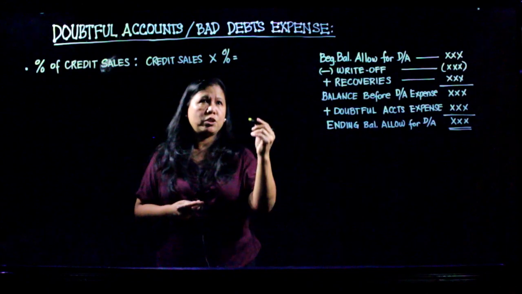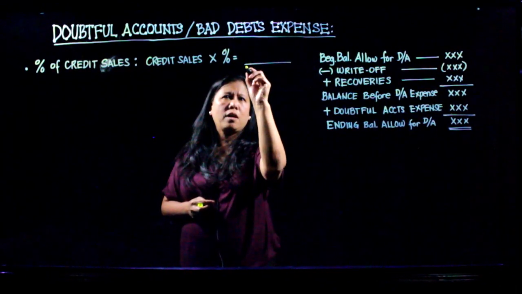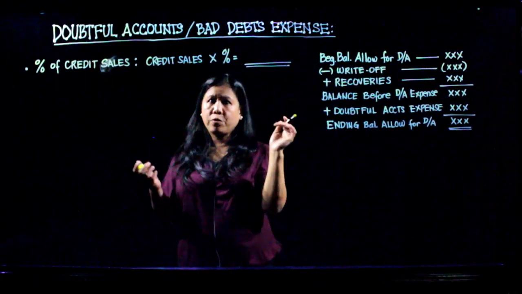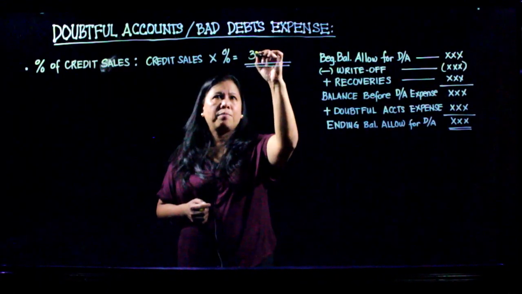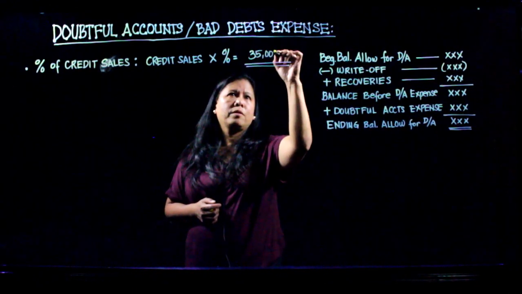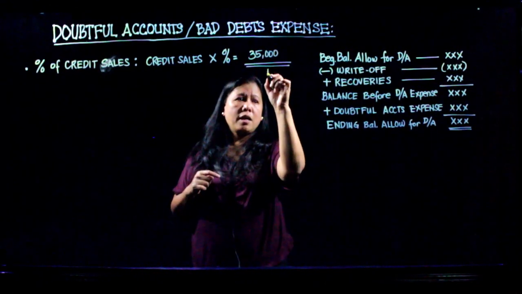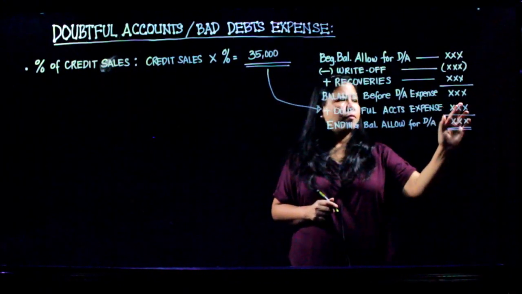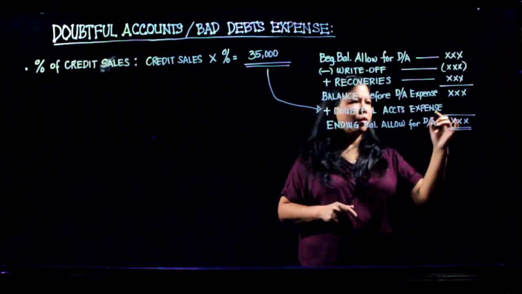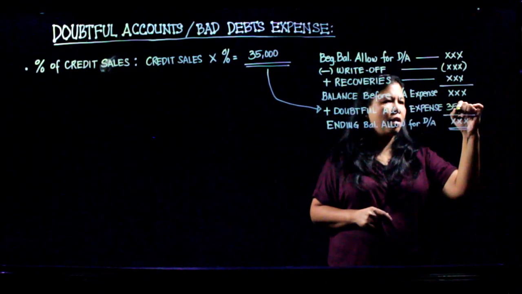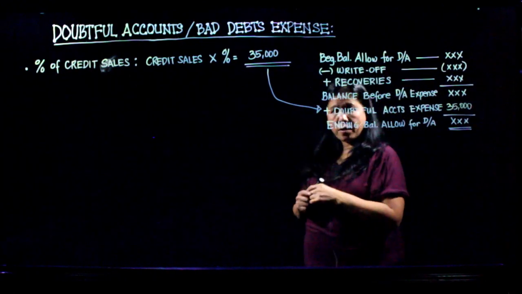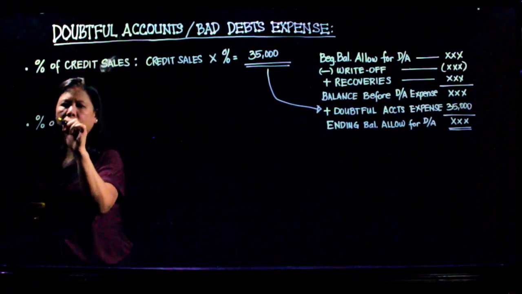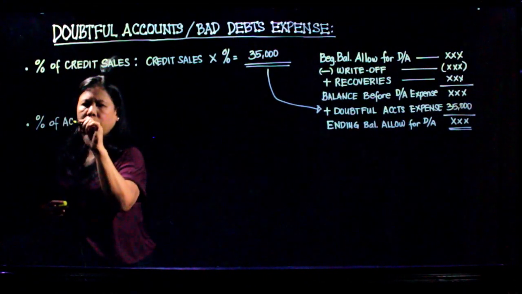Whatever amount you get here is your doubtful accounts expense. Let's say for example we get 35,000. 35,000 is your doubtful accounts expense.